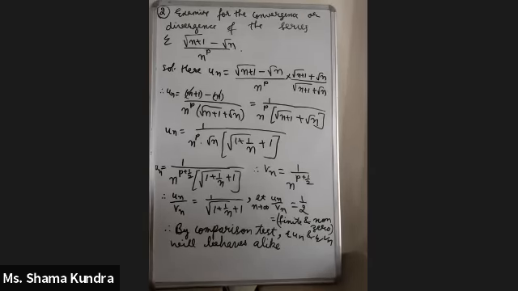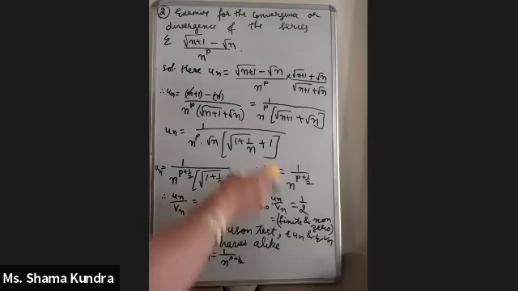Now here the series vn is 1 over n raised to power p plus 1 upon 2. But we are not sure here whether the power is greater than 1 or less than or equal to 1. So we have to write all the cases.